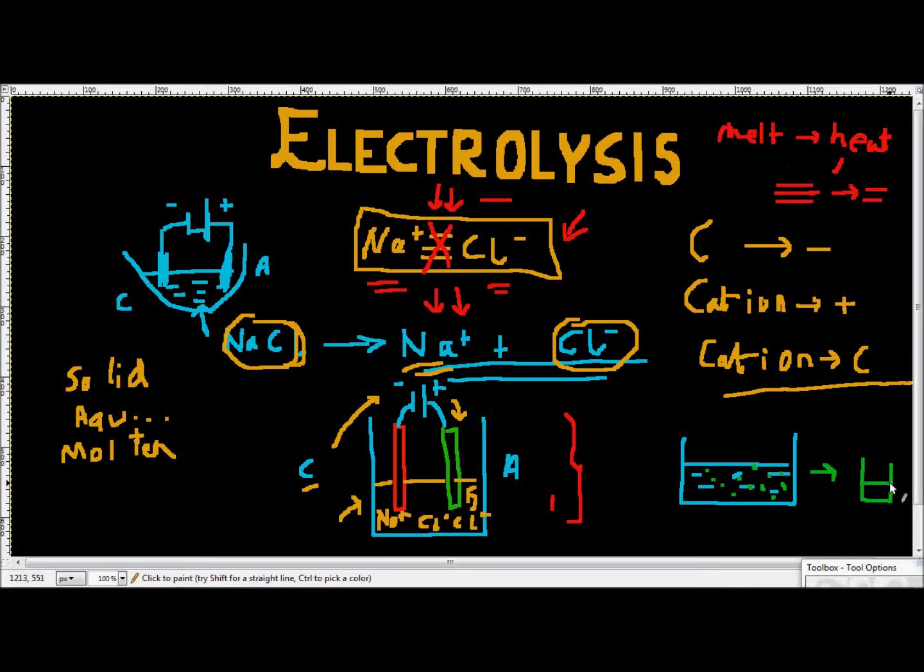So this is aqueous NaCl. Now you're going to learn this later in one of the later chapters, that water is a polar solvent, and it has a property, it has a high dielectric constant.